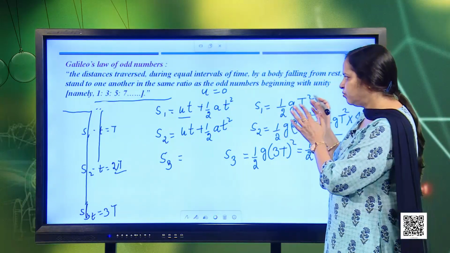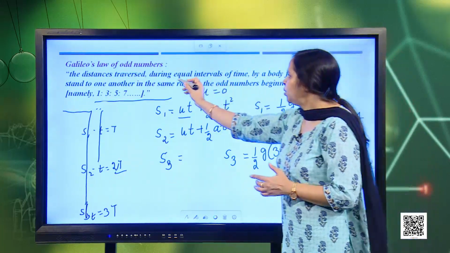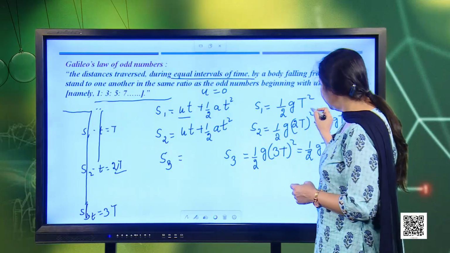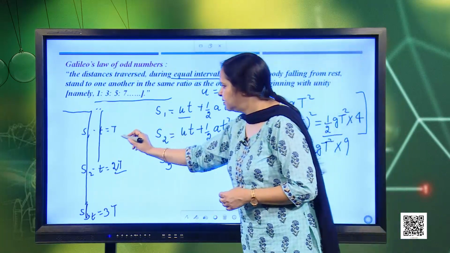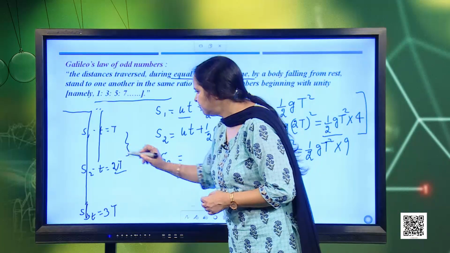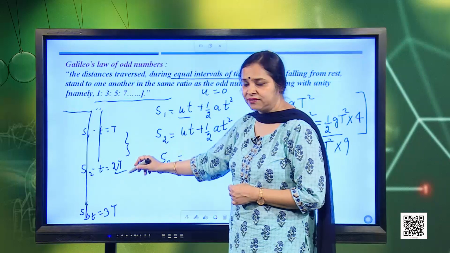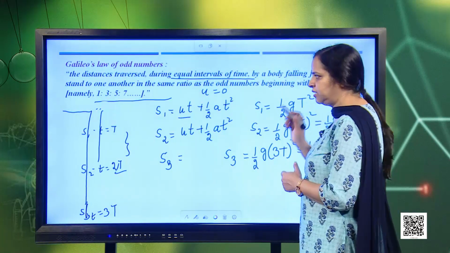So what are we going to find out now? We are going to find out the distance traveled in equal intervals of time. Let us talk about the first interval of time, from 0 to t, which is one equal interval of time. The distance traveled between 0 and t seconds is, we know, half g t square.